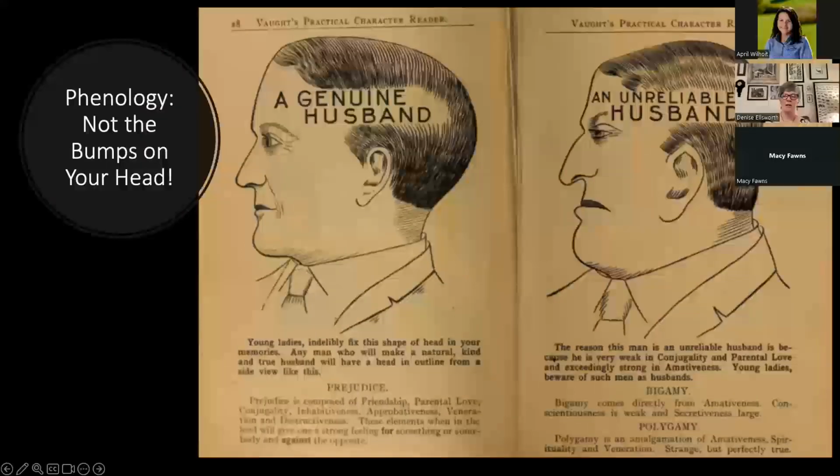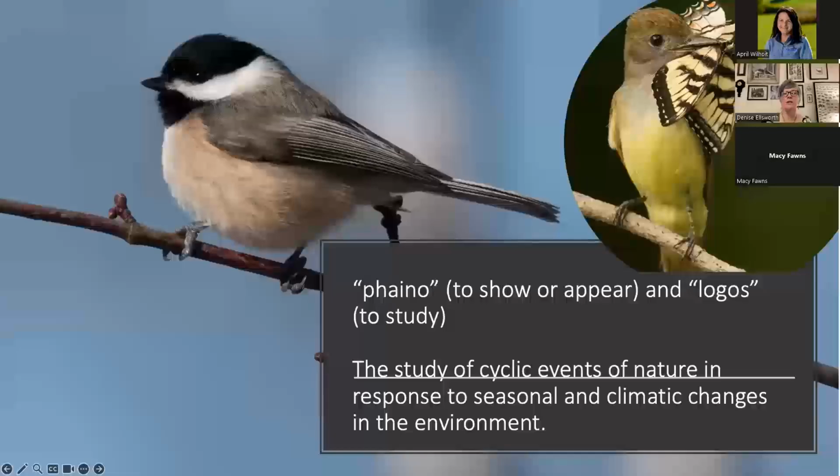We're talking about phenology. So phenology is the study of what shows or appears. So as I said, these cyclical events, these biological events in nature, and how they are influenced by weather and climate. Okay, so I like to think of weather as what you wore today.